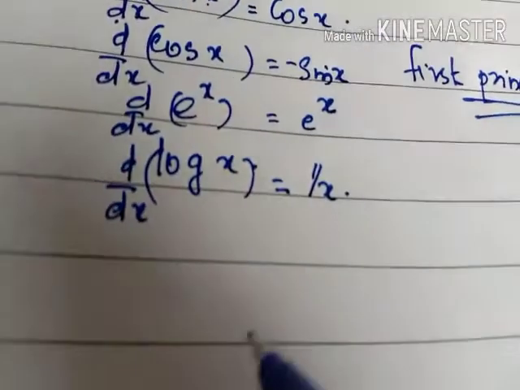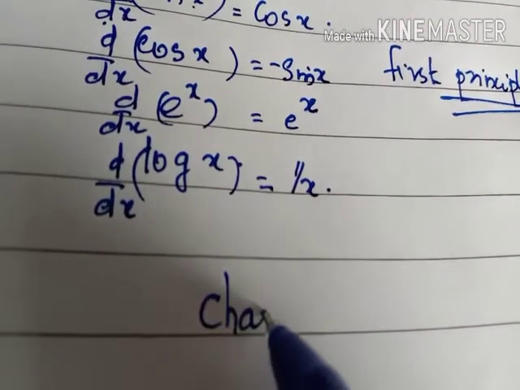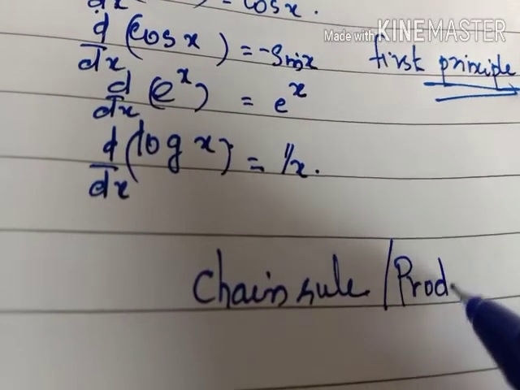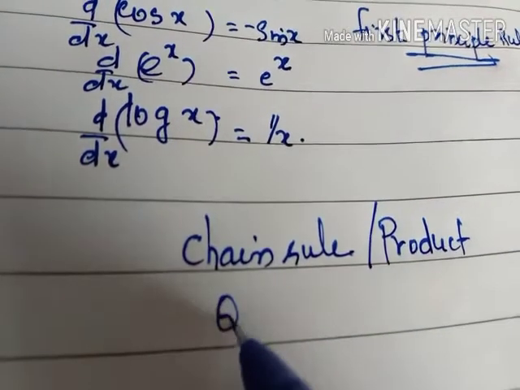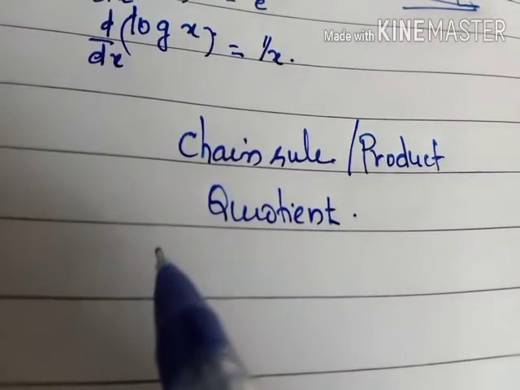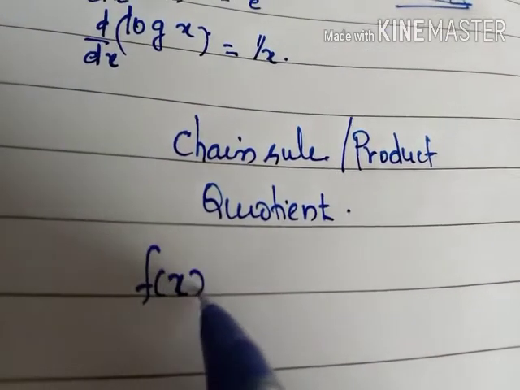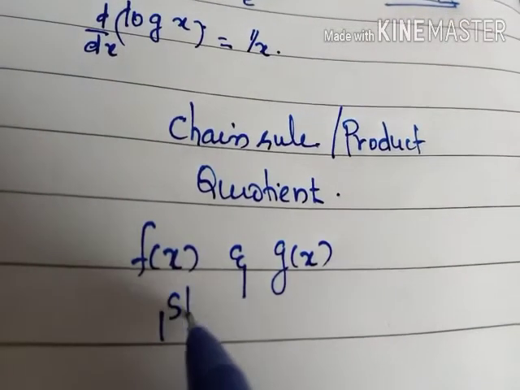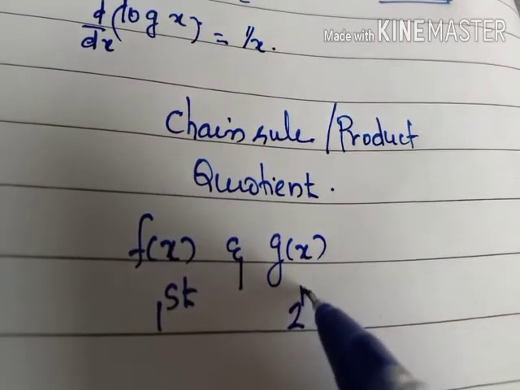And also we know what the chain rule is. Chain rule or product rule of differentiation, as well as quotient rule of differentiation. Suppose we have two functions f of x and g of x. f of x is the first function and g of x is the second function.